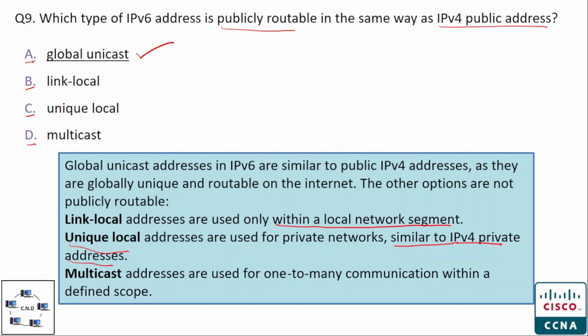So IPv4 private addresses are basically RFC 1918 addresses that include 10.0.0.0/8, 192.168.0.0/16, and 172.16.0.0/12. Multicast addresses are used for one-to-many communication within a defined scope.